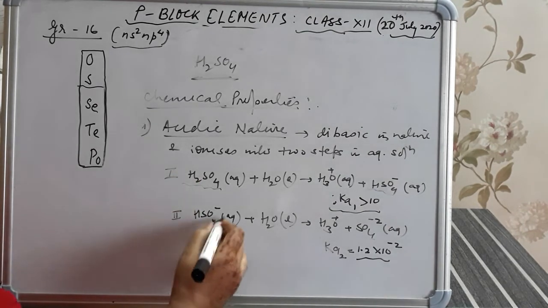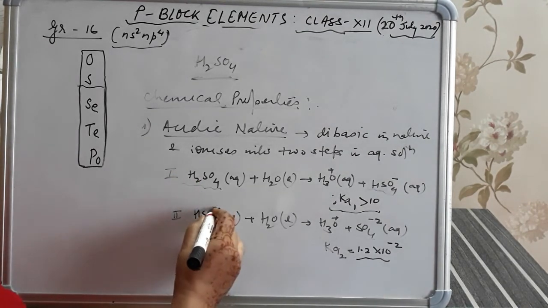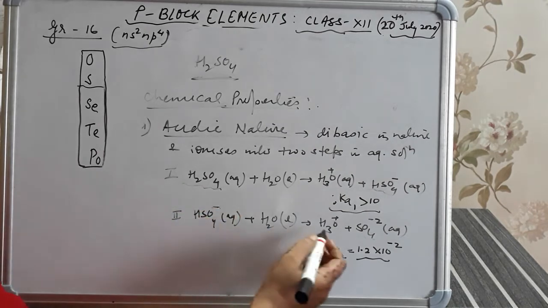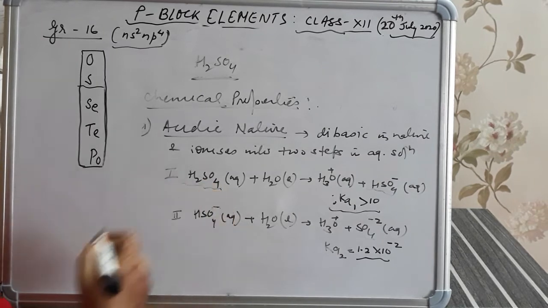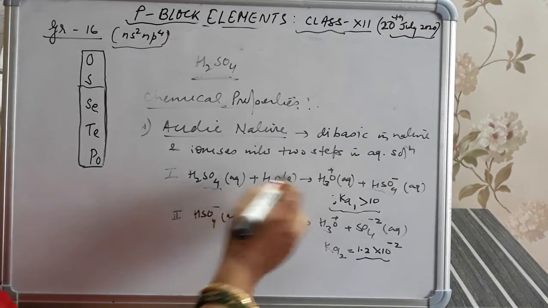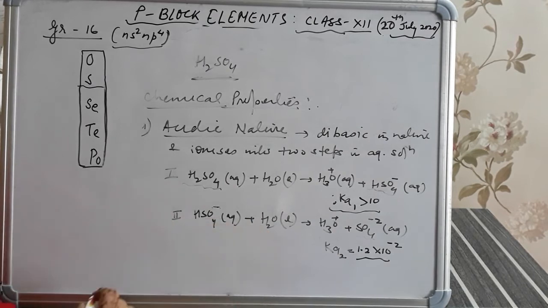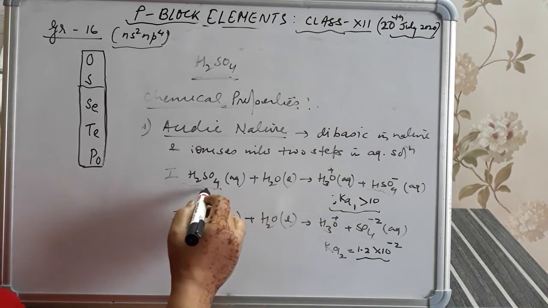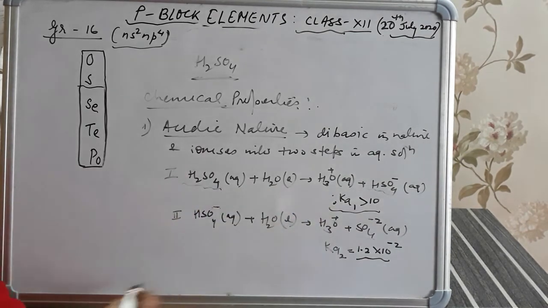In the second step, the bisulfate is in ionic form, so it is very difficult to lose protons, whereas H2SO4 is in neutral form, so it can easily lose protons. That is why the first acid dissociation constant of H2SO4 is greater than 10. That is the main reason for the difference between Ka1 and Ka2. This question is also given in your NCERT book, so pay a lot of attention to this type of question.